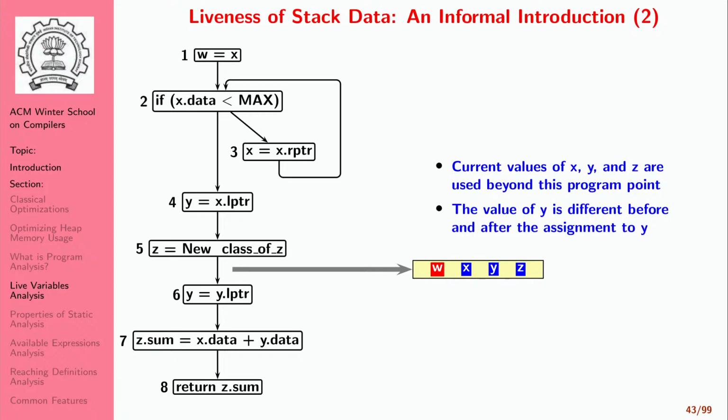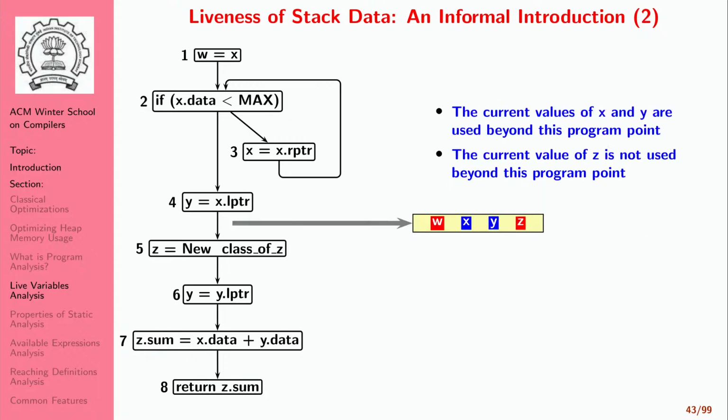So if we are overwriting the value in Z, it means that the current value of Z is not required. And if the current value of Z is not required, Z is dead. Z is not live. Something is live if the current value in that variable is likely to be required, but because I am modifying the current value of Z, I don't need the current value of Z, and therefore Z is not live.